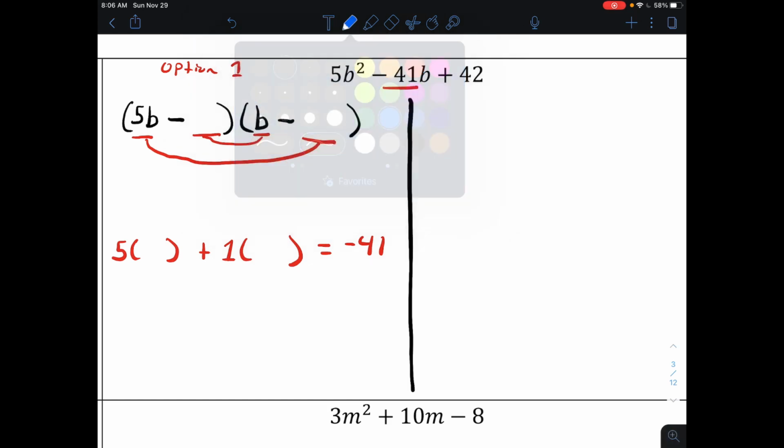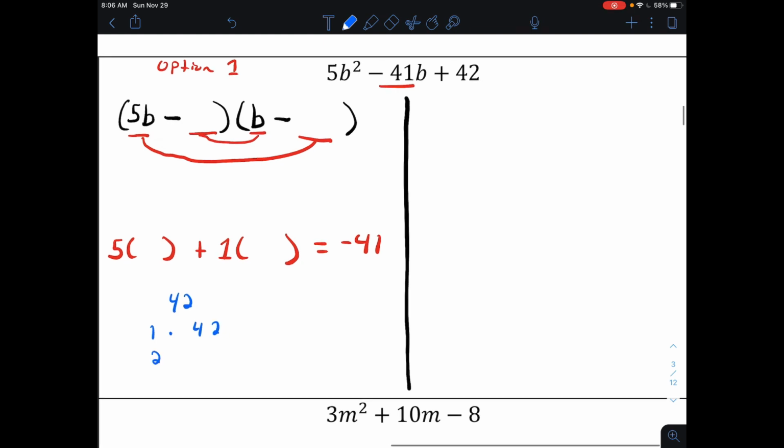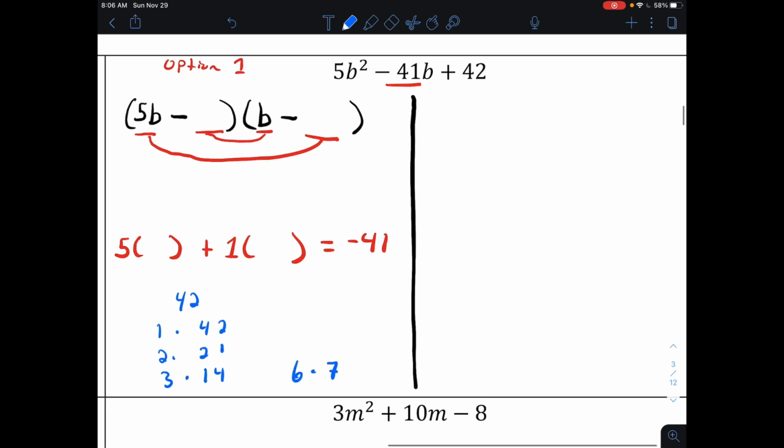Well, to figure out what my possibilities are to go inside the parentheses, I'm looking at 42 and trying to figure out what numbers multiply together to make 42. You have 1 times 42, and we have 2 and 21. We have 3 and 14, and we have 6 and 7. Now, remember, both of these numbers are going to be negative on the inside, because two negatives multiply together to make a positive.